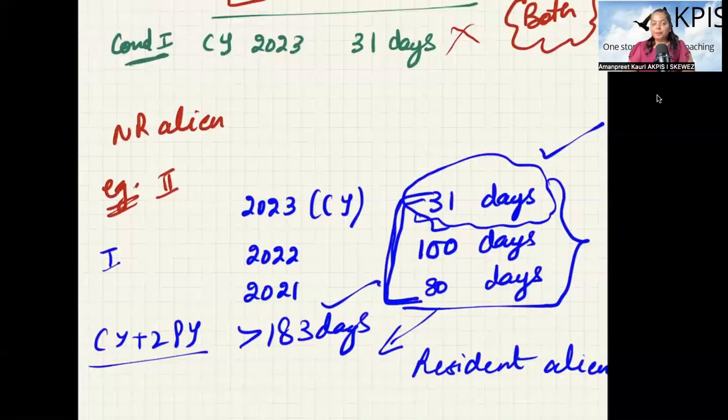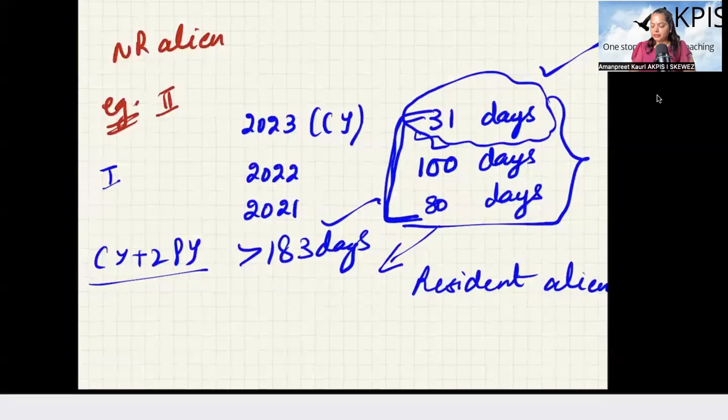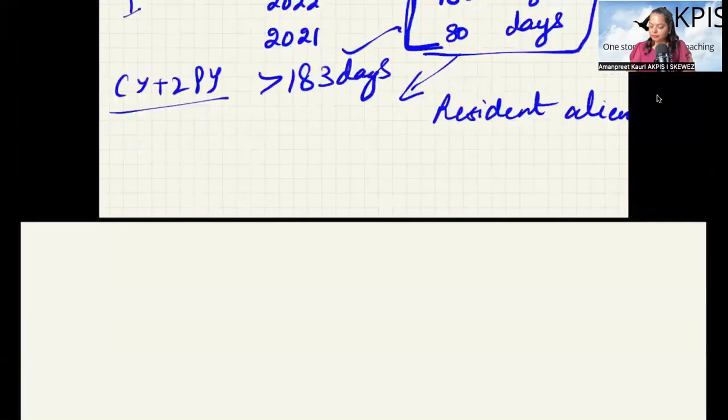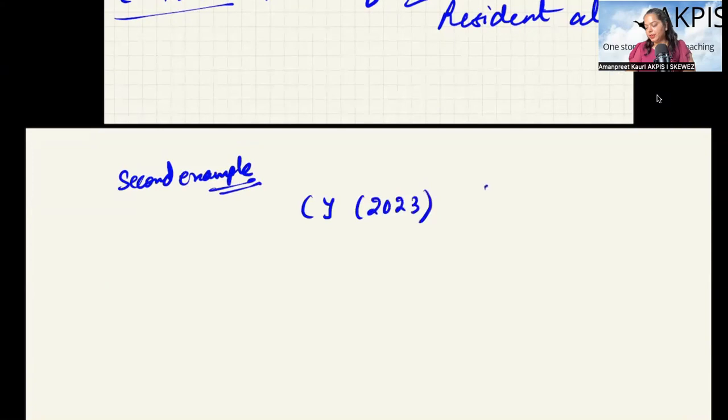But let's change the example a little bit. Let's say, in this example only, the third main example, he is there in the current year, 2023, for 31 days.